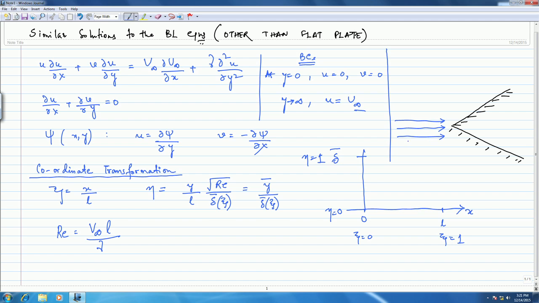Now this is V infinity, and we will have flow like that, and so on and so forth.